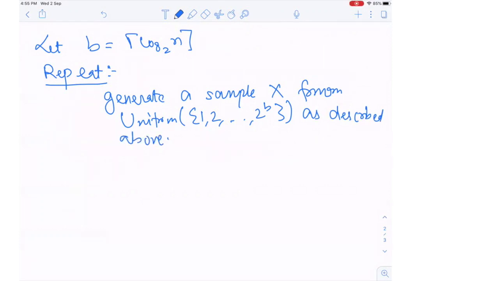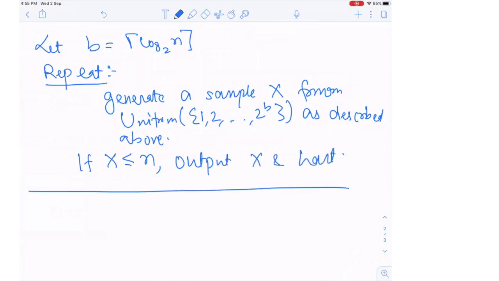And then if x is less than or equal to n, output x and halt. Is the algorithm clear? So basically I have chosen a number b, which is ceiling of log n. So I have b bits, and I uniformly generate a number. If it is less than or equal to n, then output x, else I repeat. And I keep doing this until I get a number which is within the range 1 to n.